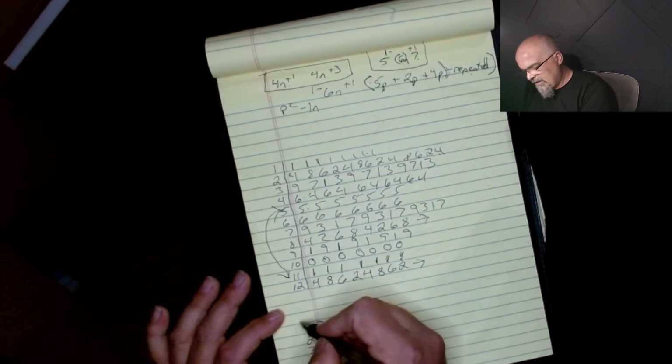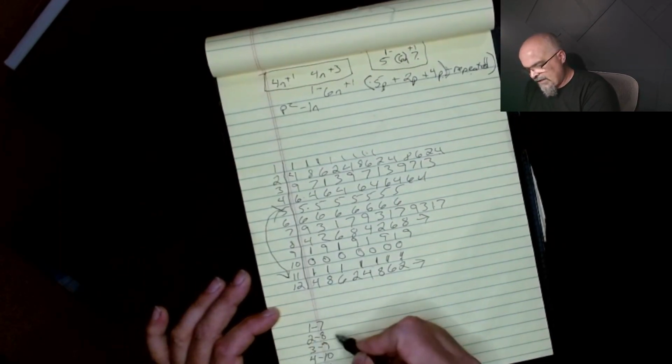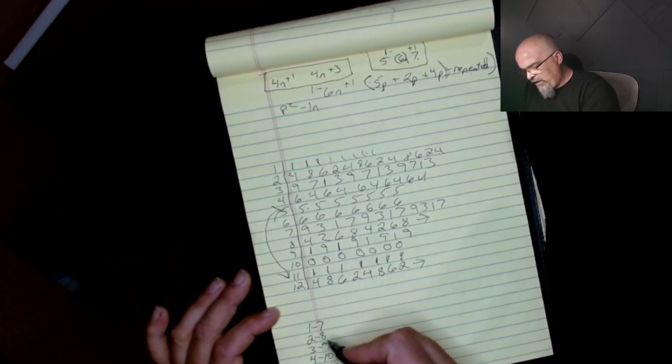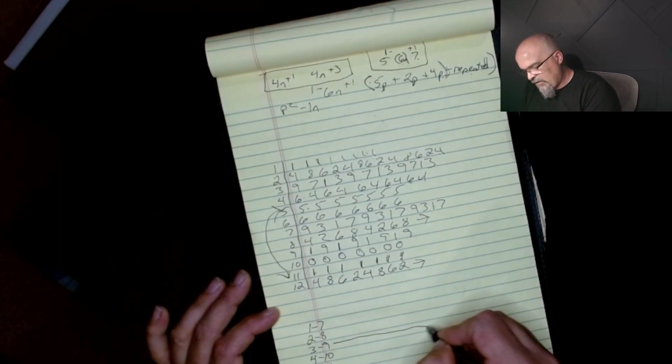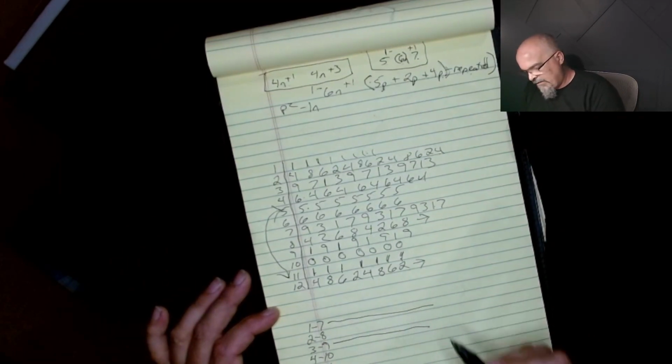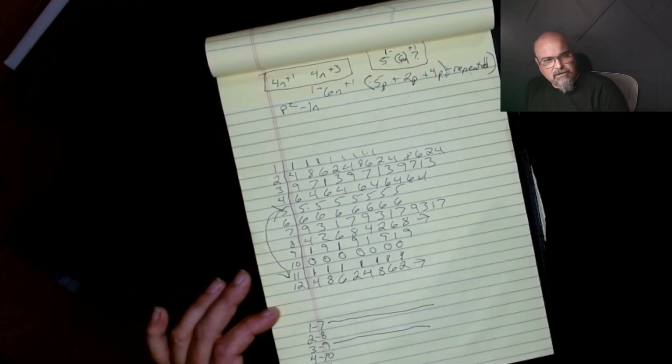Well, this means that there are 6 possible lines, and the only primes can be on 3 and 9, 1 and 7. Which tells us what?